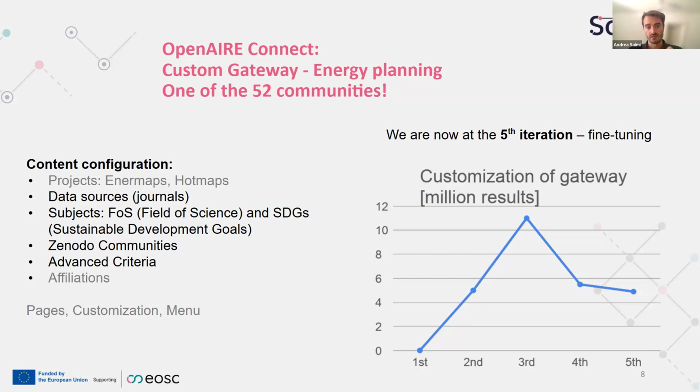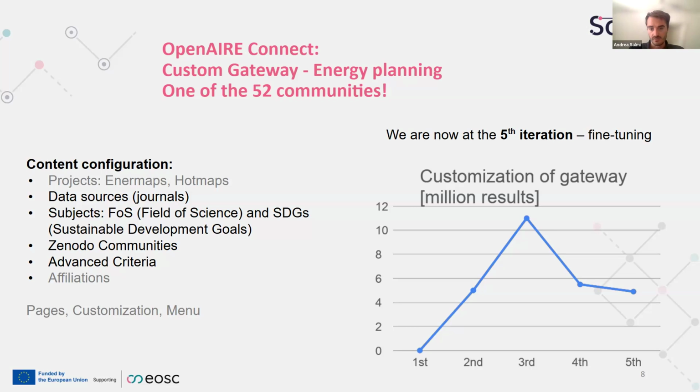So today I'm not going to focus, for example, on the different customization of menus and interfaces of the portal, but I'm going to deal with the core and the input that the energy gateway will provide to the users.